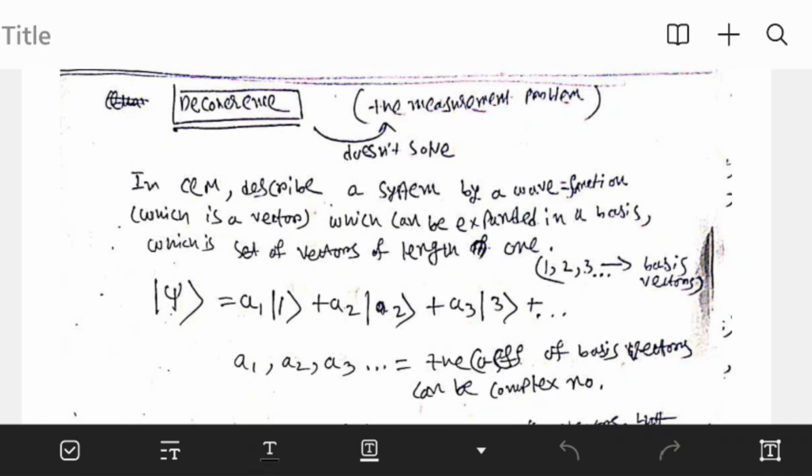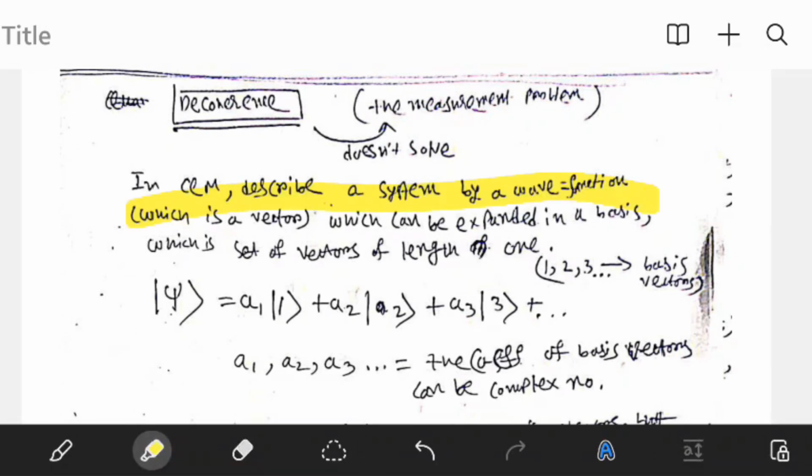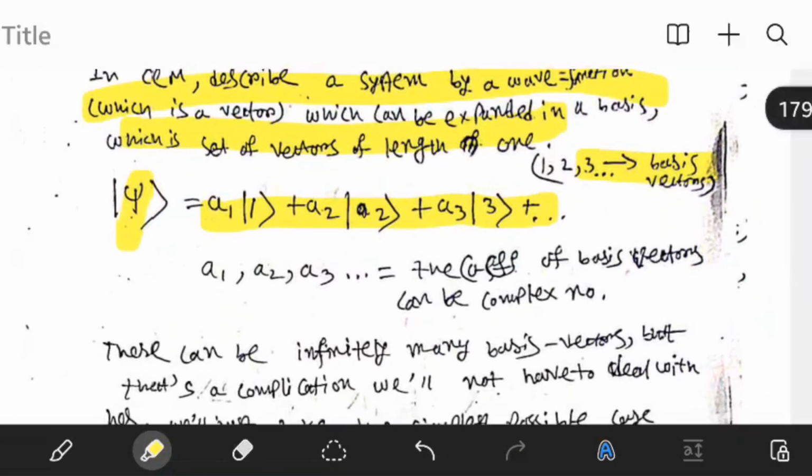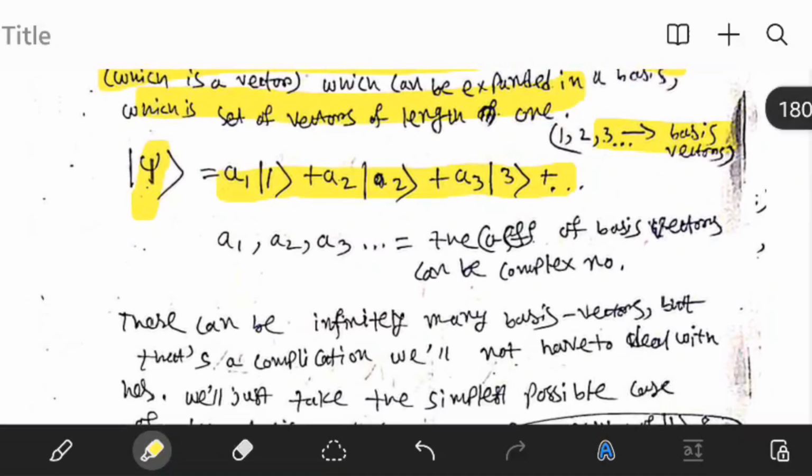So you can describe a quantum mechanical system by a wave function, which is a vector. Now the vector can be expanded in terms of the basis vectors. So let psi be our wave function, and |1>, |2>, |3>, etc. are basis vectors, and a1, a2, a3, etc. are the coefficients of the basis vectors, which can be complex numbers.